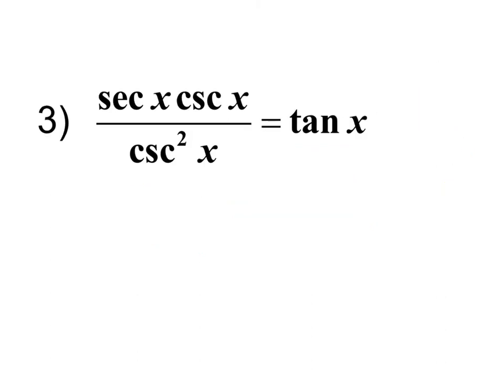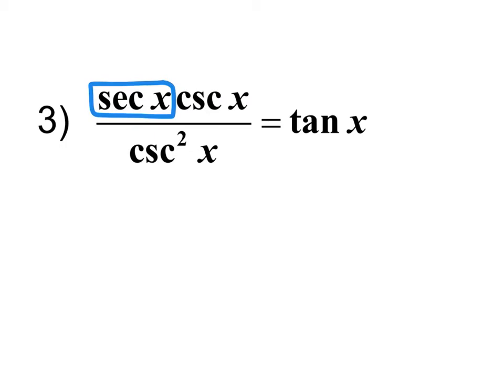Let's go on. All right, this looks like a doozy, but let's just play around. So on top I see secant times cosecant. I'm a little scared, but I'm just going to start working. So this is all being multiplied. What I think I'm going to do is split this guy up a little bit.